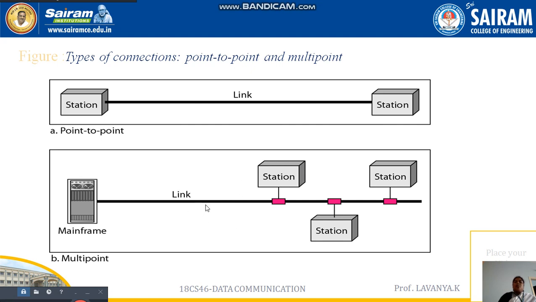When the link allows the signals, only then all the devices send their data through that particular link. Otherwise it cannot happen. This is not point to point, so this is multipoint. Using the same link, they can access many devices.